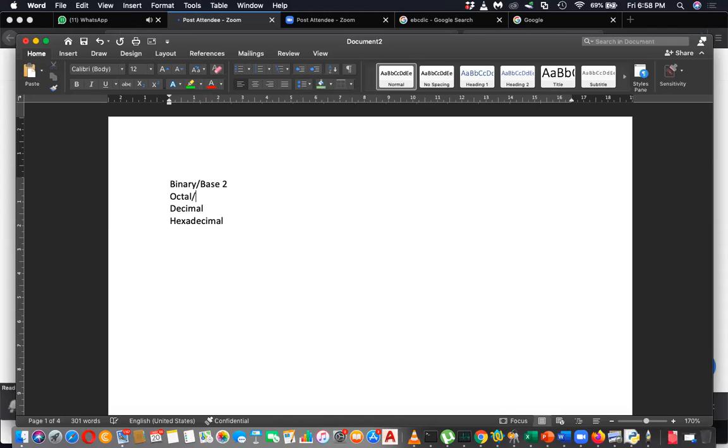Octal means base 8, decimal means base 10, and hexadecimal means base 16. So can you tell me the valid digits of these number systems? Binary: 0 and 1 only. Octal: 0 to 7, yes, correct.